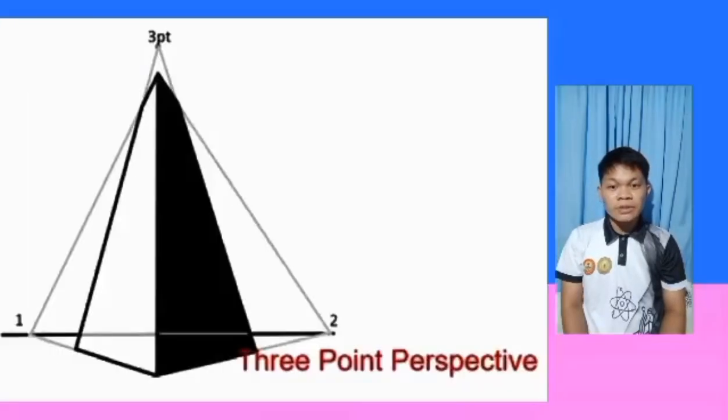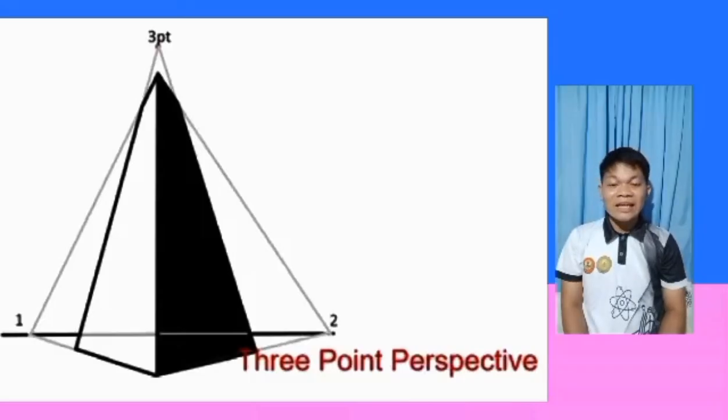So, the three-point perspective uses three vanishing points to show things in a more realistic and dramatic way. One vanishing point at the left or right, another on the opposite side, and the third one above or below the object.